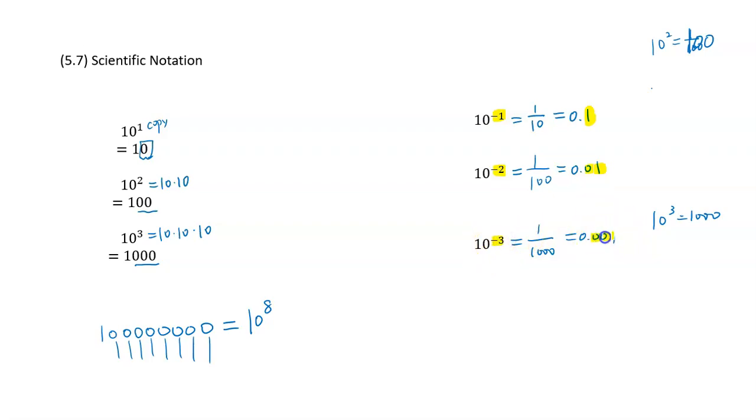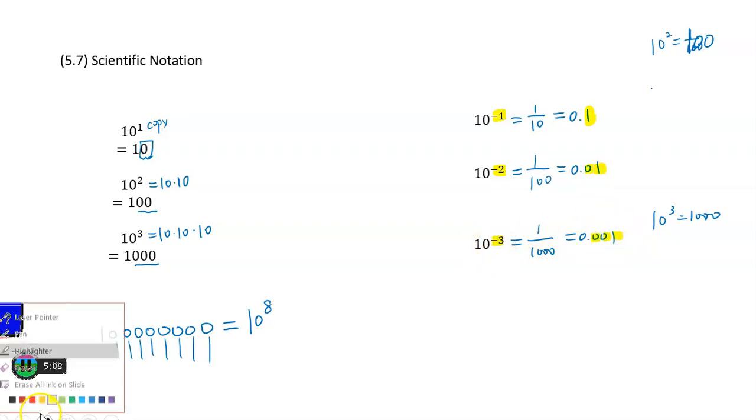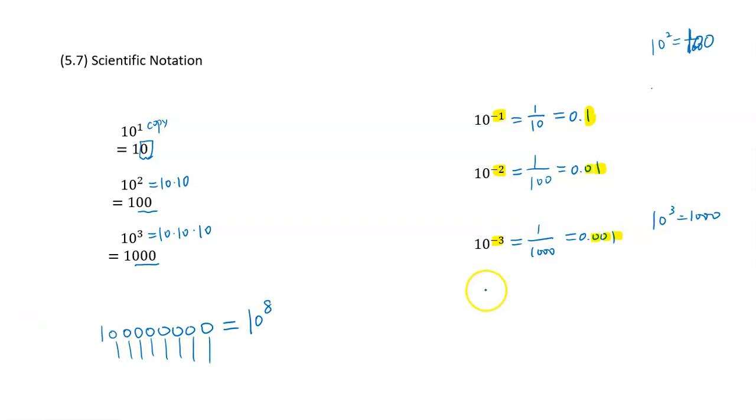For negative 3, we get 1, 2, 3. So that makes it easy when, let's say, I have 10 to the negative 6 and want to convert it to a decimal. We know we should have 6 decimal places. We write 1, 2, 3, 4, 5, and the last digit will be 1, so 6, giving us 0.000001.